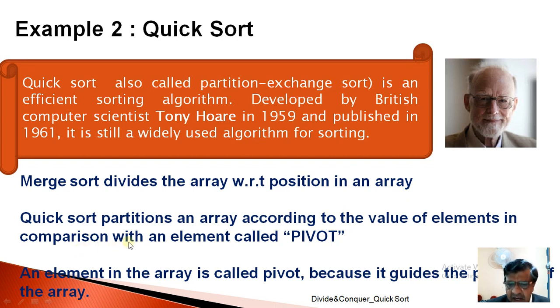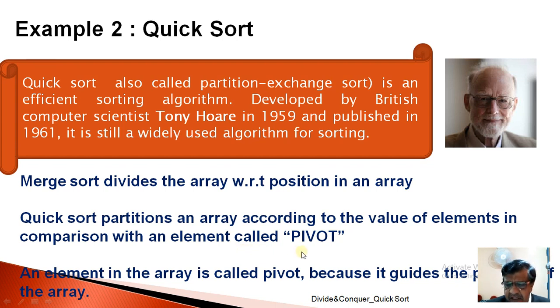While quicksort doesn't divide, rather it partitions an array according to the value of elements present in the unsorted array itself, in comparison with another element which is drawn from the array itself, and this element is called a pivot.